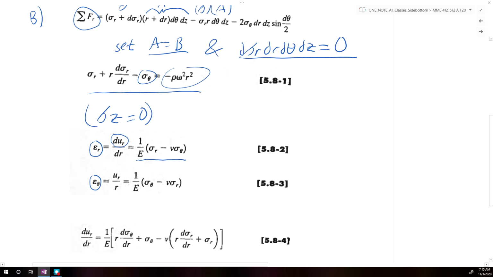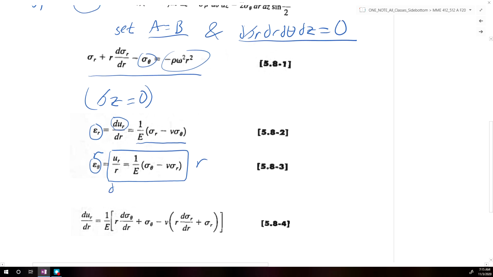and we can do the same thing for the strain in the tangential direction. If we multiply both sides of this equation here by r, we can then take the derivative of u_r with respect to r. If we do that, we have this equation here.